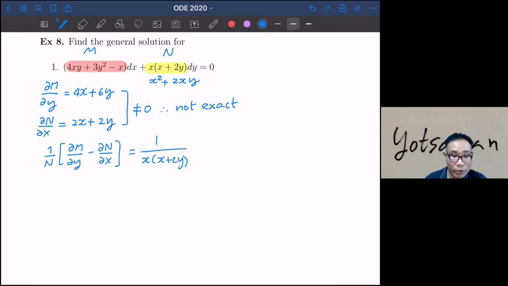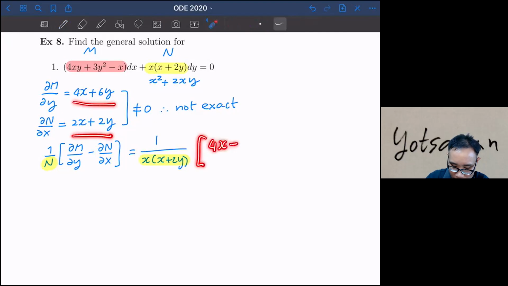This one is your n, which I will show in the yellow color to make it clearer. And you're just going to copy out the dm dy, so it's going to come from these two: 4x plus 6y minus 2x minus 2y.